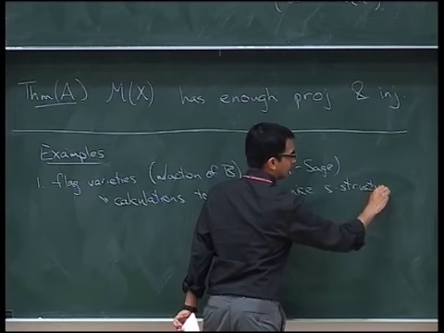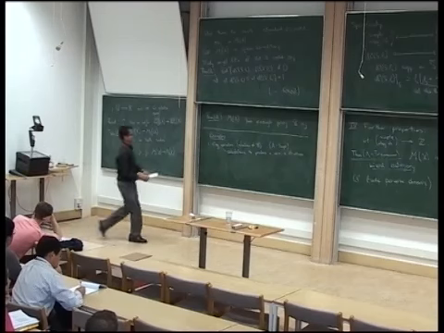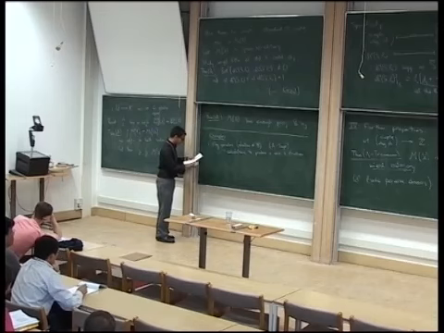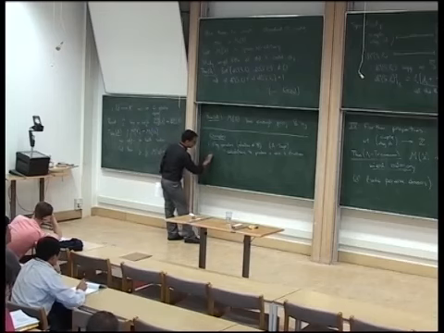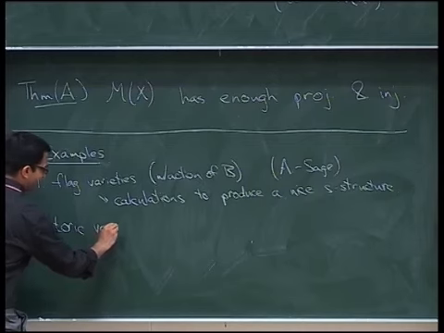And by the way, it's true that you can cook up a variety where there is no S structure. So that is a danger. But flag varieties have one. Not more generally, in different generality.